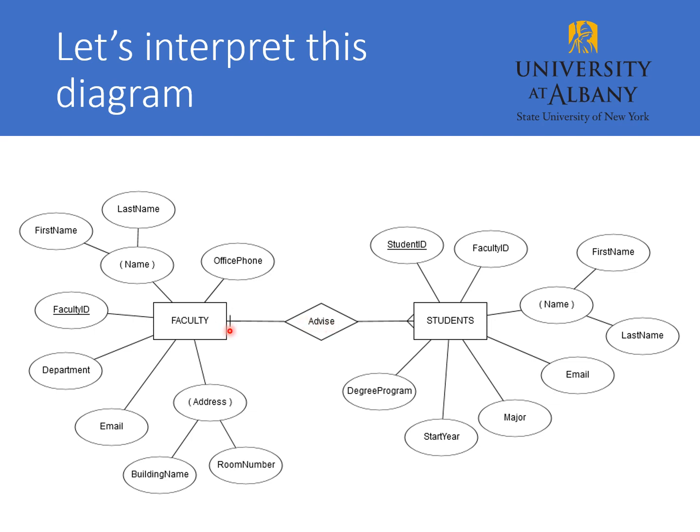This notation here means one faculty can be connected through advising to many students, but each student can be connected to only one faculty. Otherwise, we would have this notation here, but this means one.